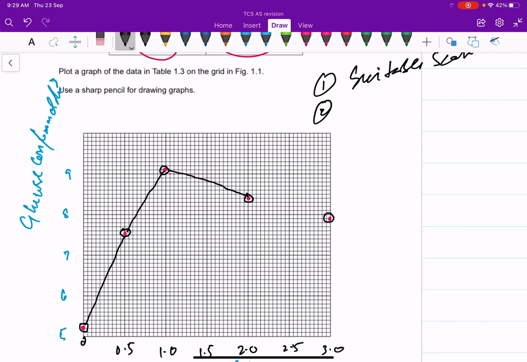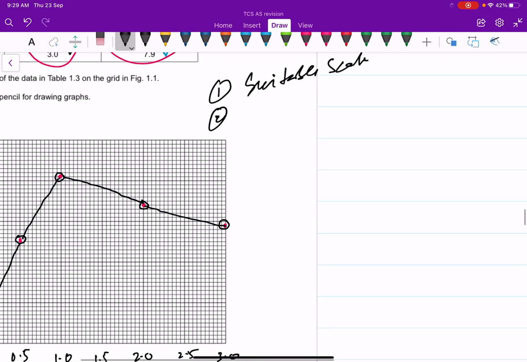Okay, so this is how you should make this graph. For making this graph, the points are awarded for writing a suitable scale, for labeled axes, for axes correctly oriented, and for plotting points. And there should not be any extrapolations in this case.